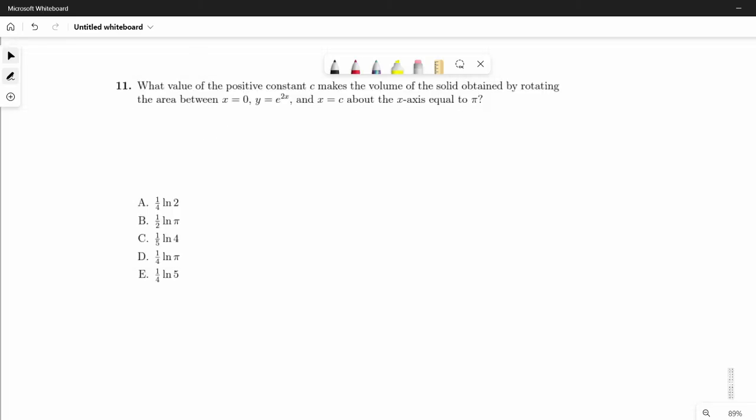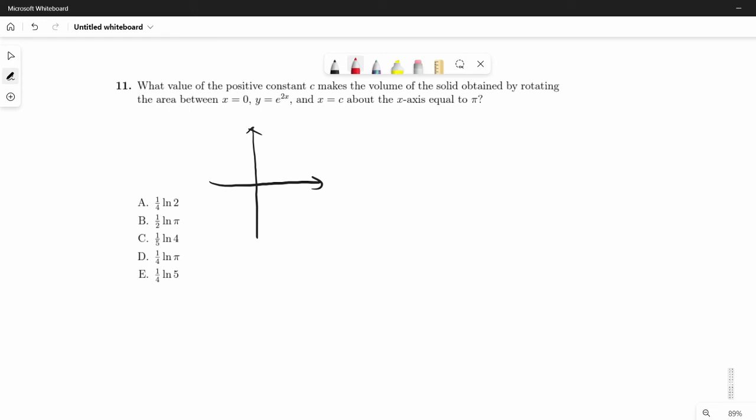For question 11, we're given a few equations and asked to find the positive constant C that will make a certain volume. In this case, it will be pi. So first of all, again, let's draw what this will look like. Right?